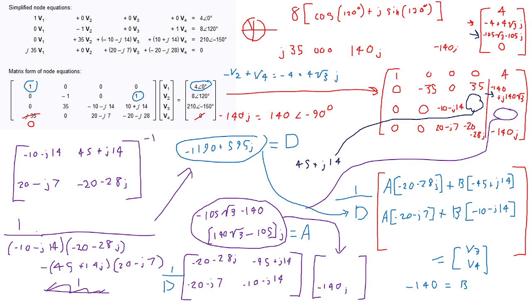Whatever V4 is, drop it into this equation, 8 at an angle of minus 20 as a complex number. So you just add V2 to this side, so you would take V4 plus 4 minus 4 rad 3J. That'll be your V2. V1 is 4 angle 0.